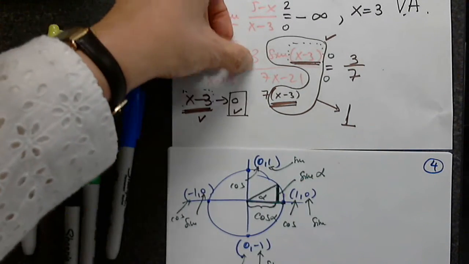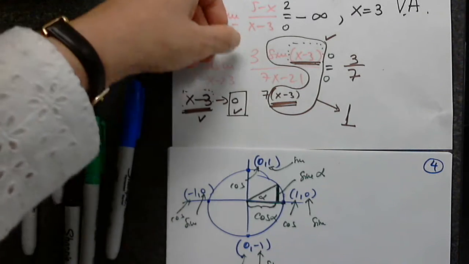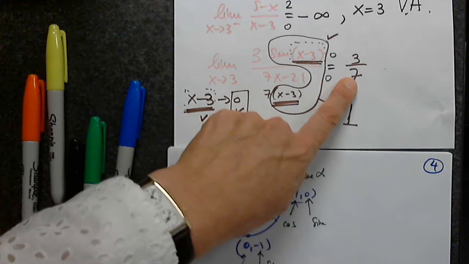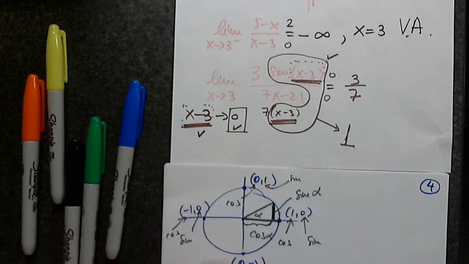But I have a 3 at the top, and I have a 7 at the bottom. So 3 over 7 times 1 is 3 over 7. Is this okay? So what happens to the x minus 21? We change it into 7 times x minus 3. Otherwise, the whole thing would not work. I have to have all these 3 pieces identical, and the piece x minus 3 approaches 0. Is this better? Yes, everyone?